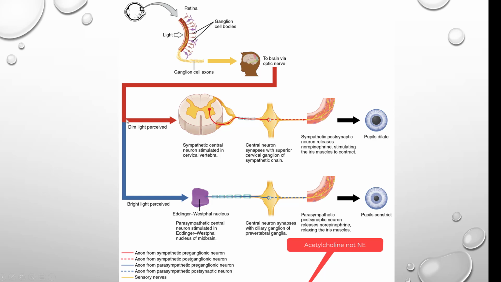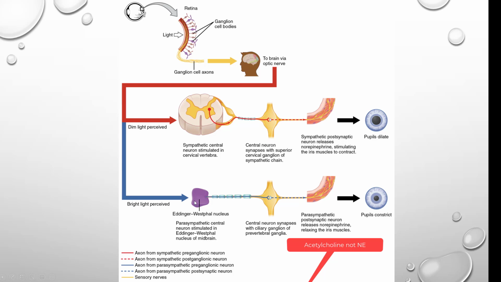Some of them go to the hypothalamus when there is dim light perceived, which then sends signals to the thoracic spinal cord, sympathetic preganglionic cell bodies, sending axons out to ganglionic cell bodies in the cervical chain, sending axons out to the pupillary dilating muscles, which are those radial muscles under sympathetic control with alpha-1 adrenergic receptors.